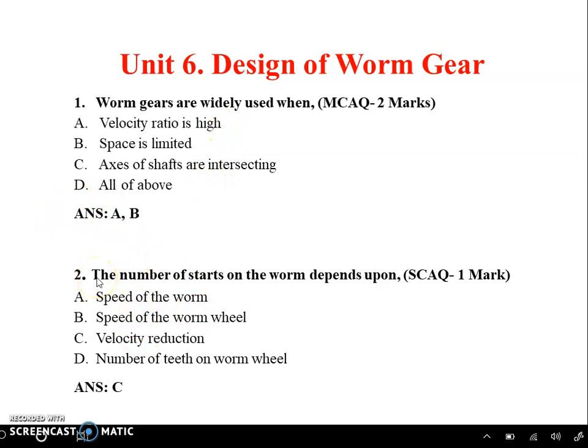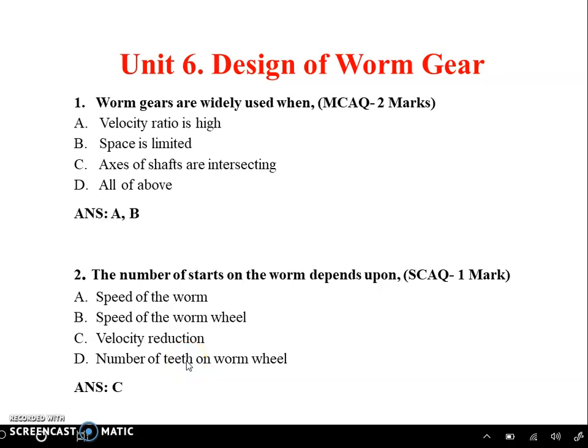Second question is, the number of starts on worm depends upon. 4 options are there: speed of the worm, speed of worm wheel, velocity reduction, and number of teeth in worm wheel. Here speed of the worm and speed of the worm wheel are different things, but velocity reduction means I is equal to Z2 upon Z1.